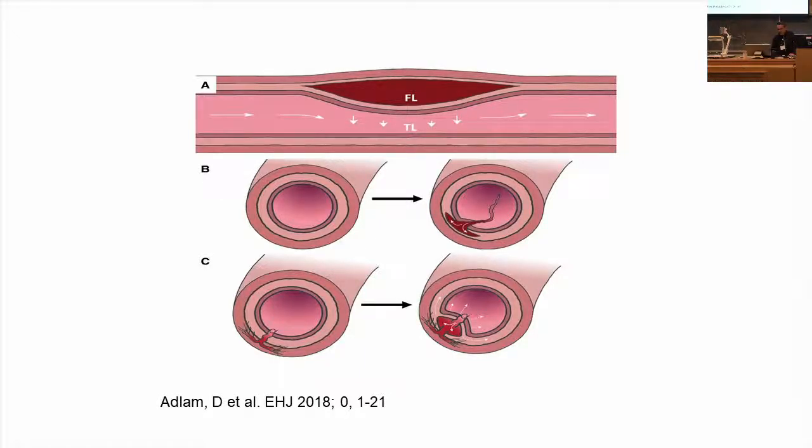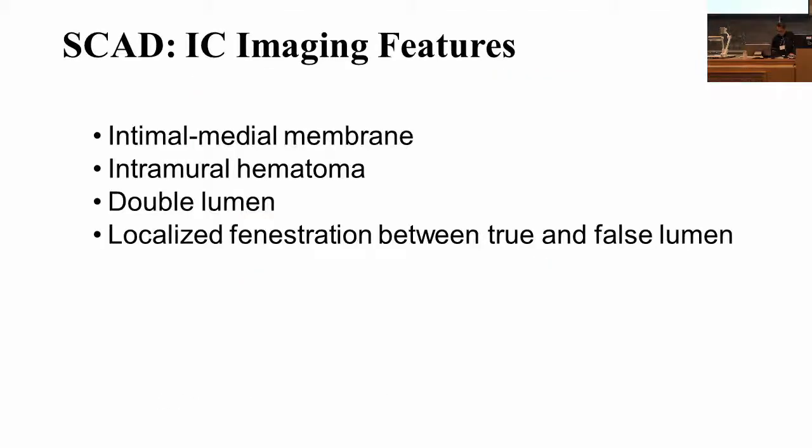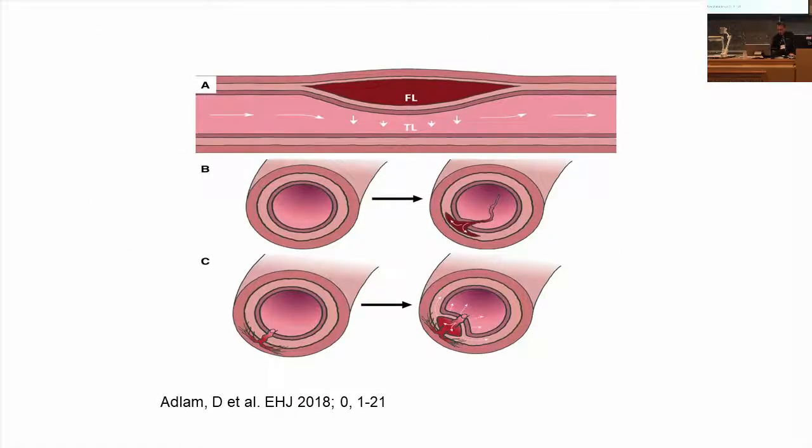The innermost layer is the intima, and then you have the media and the adventitia. And typically what happens is that you have a tear, typically in the media, but not always. It could be adventitia, but typically in the media, and you tear the vessel. So now you form a hematoma, and the hematoma externally will then compress the true lumen, so it manifests as an acute coronary syndrome.